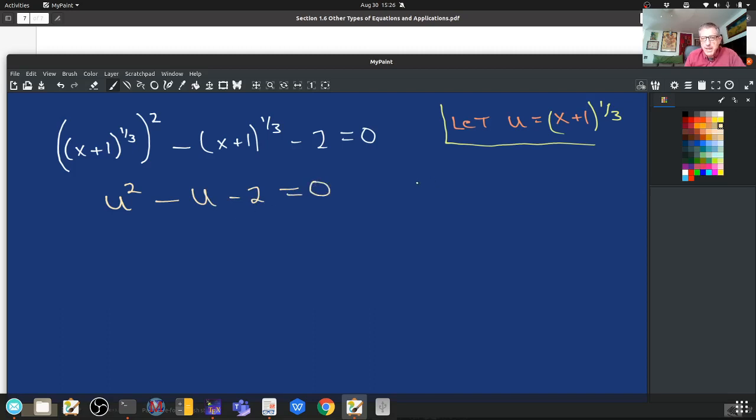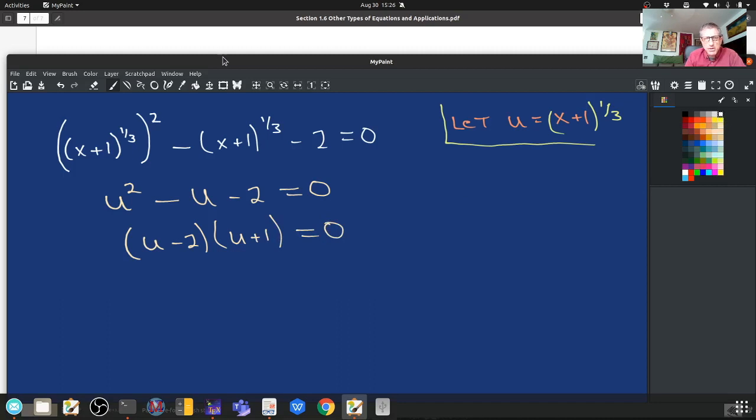So this is a quadratic equation in the variable u. It's kind of cool. And this can easily be factored. This just simply factors. I'm going to let you all do this on your own. It is u minus 2 times u plus 1, and that's equal to 0.